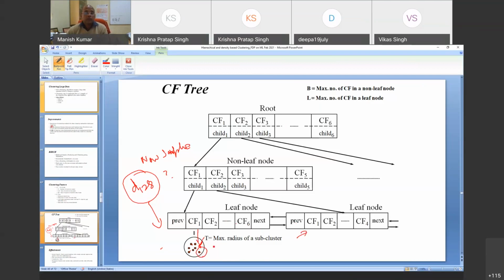So this readjustment will be carried out, and it results in changes in the CFs. When this point goes, the number of points stays the same, but the changes in LS and SS will be incorporated.